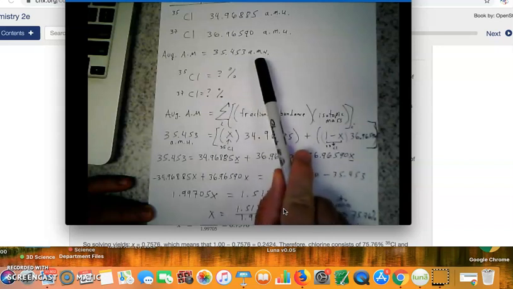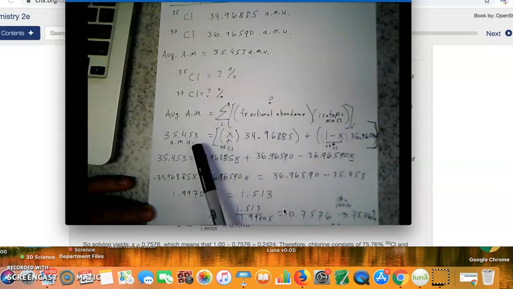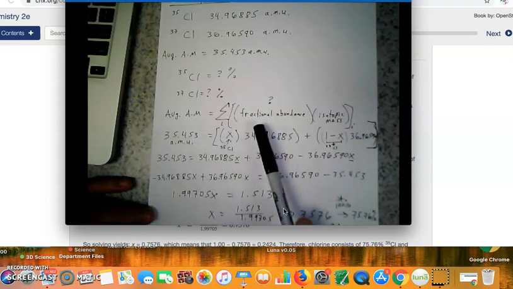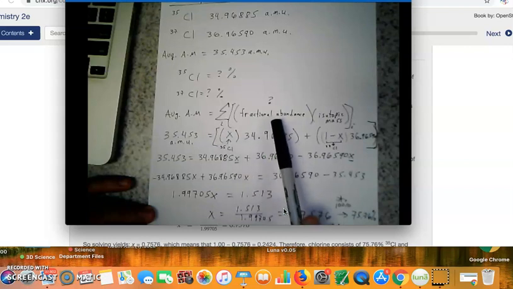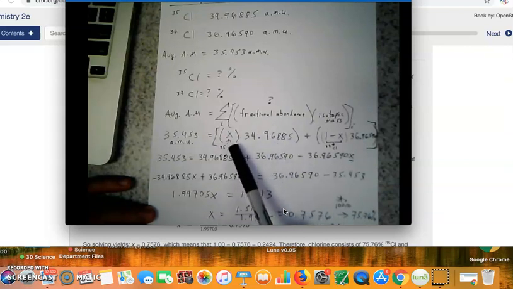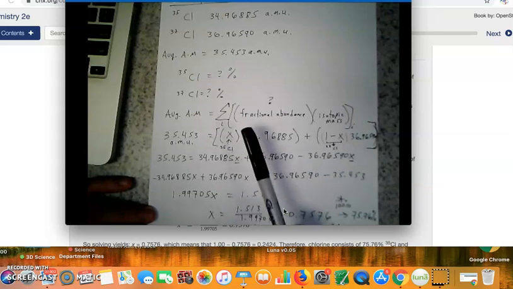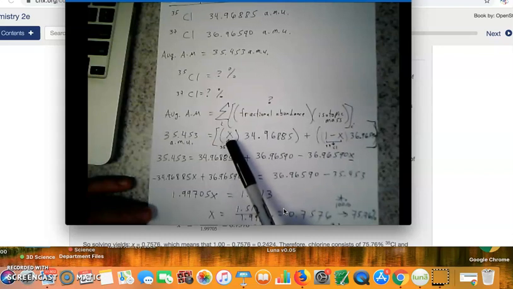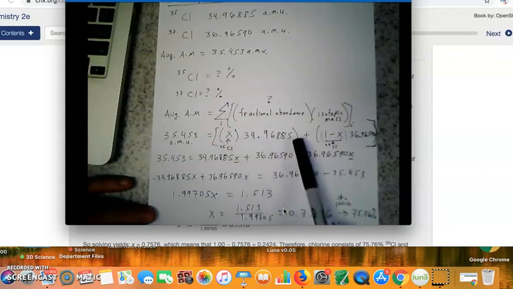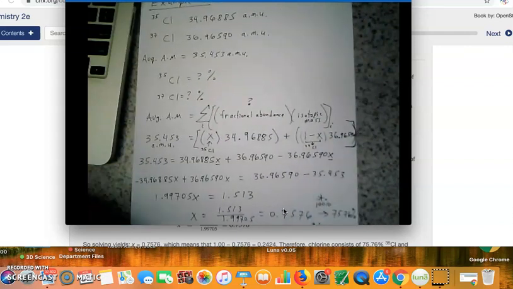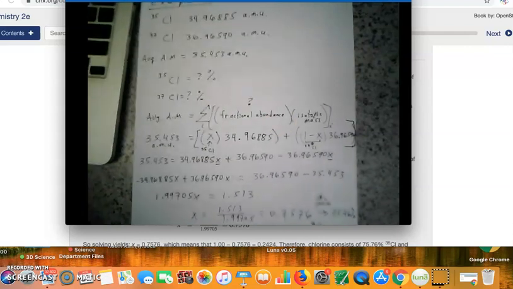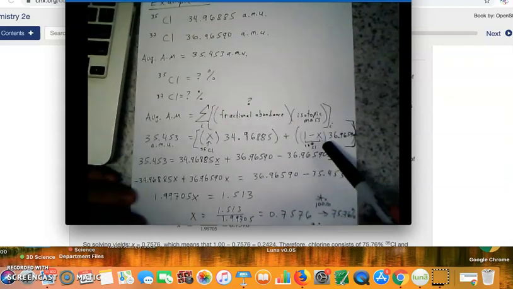They gave me the average atomic mass, which is 35.0453, and then they didn't give me the percent abundance, they gave me the mass. And so for the first percent abundance, I'm just going to call it X, chlorine 35 fractional abundance. And then for my second unknown, chlorine 37, I'm going to call that 1 minus X.